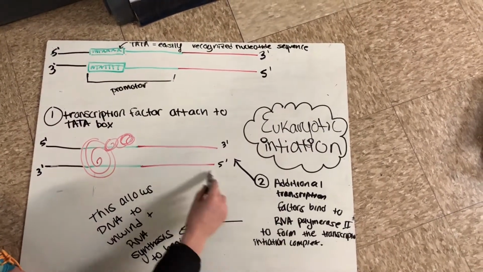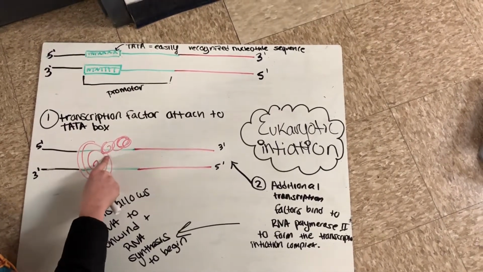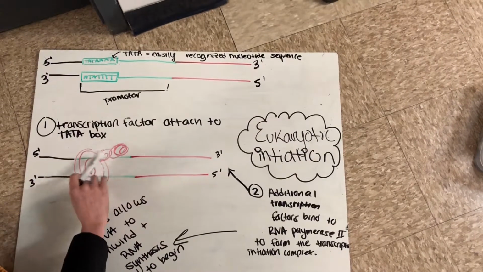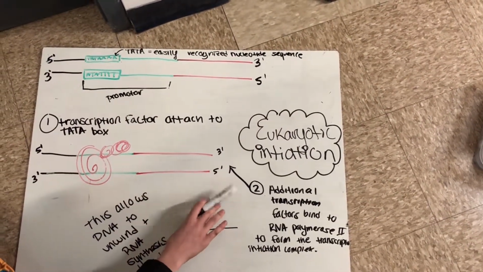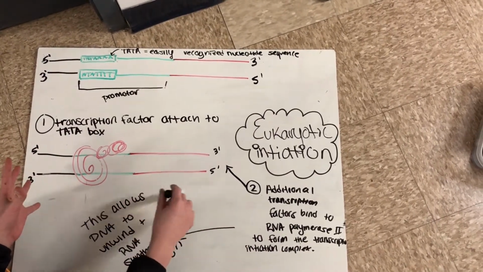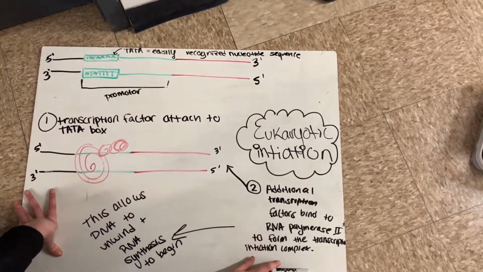And so the transcription factors attach to the TATA box, and it keeps adding on so that RNA polymerase II can also attach and form the transcription initiation complex, and then this allows for the DNA to eventually unwind and RNA synthesis to begin.